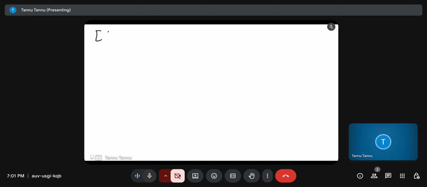The next examples are of 4Fe, 4 sulfur cluster.